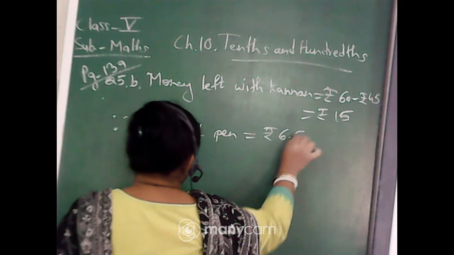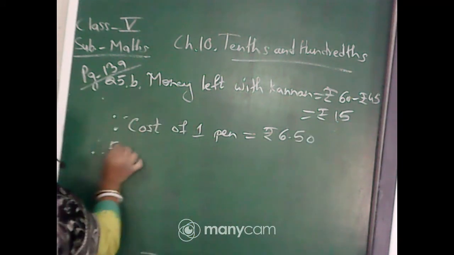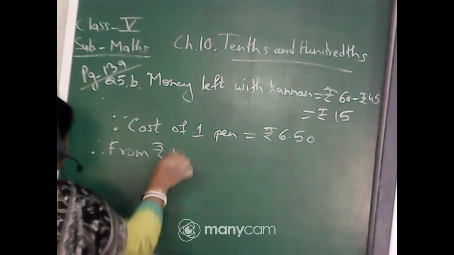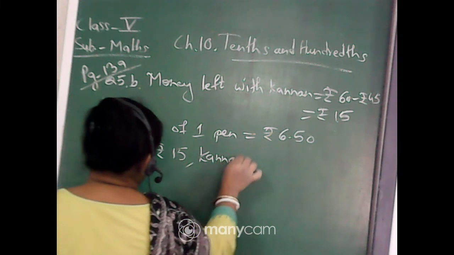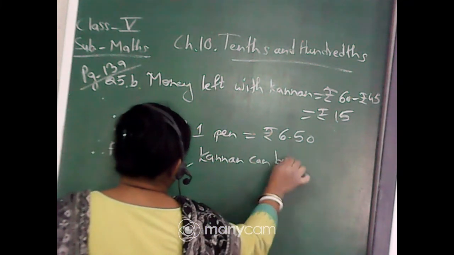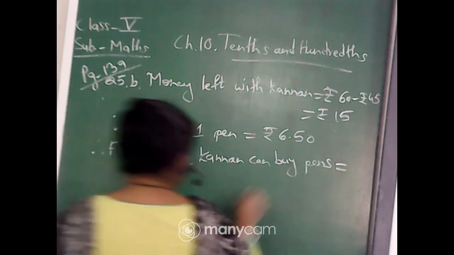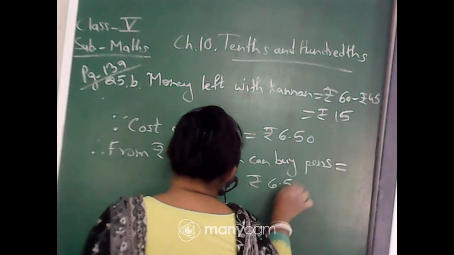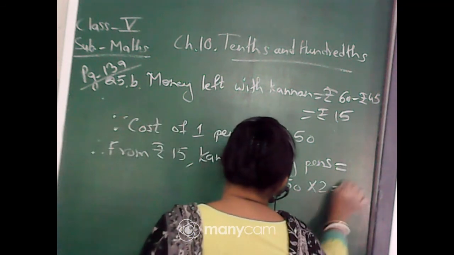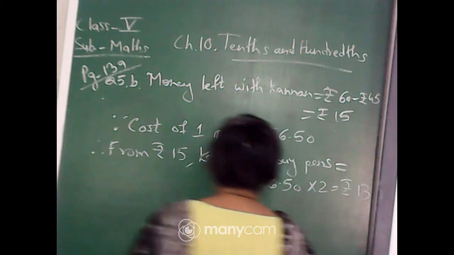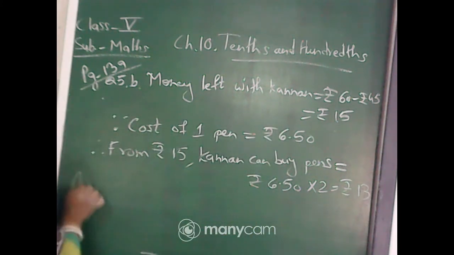Therefore, from rupees 15, Kanan can buy pens equal to how much? Rupees 6.50 into 2, that is rupees 13. So he can buy 2 pens.